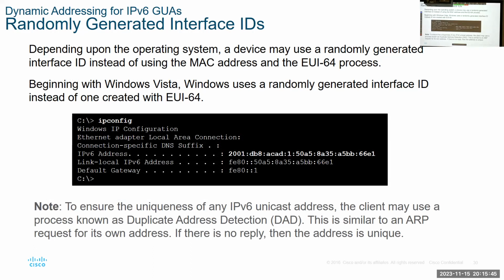All right, so just to be sure, even though that interface ID is 64 bits and the likelihood of a duplicate is very, very small, because the MAC address, if it uses EUI64, should be unique, there is still that small chance that two Windows computers could create the same address using the random method.